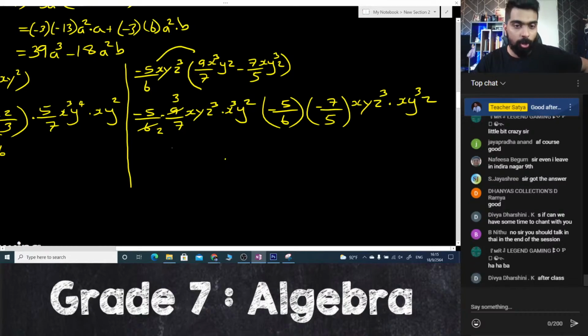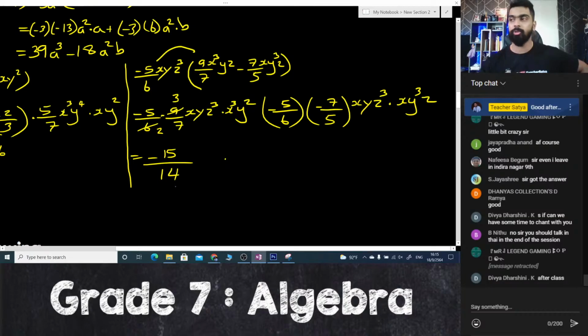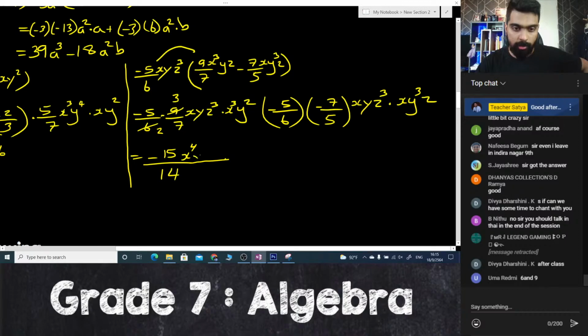All right, so let's multiply this, guys. Minus 5 times 3 will give us negative 15, over 2 times 7, which is 14. Now x times x cube is going to give us x to the power of 4. Y times y squared gives y to the power of 3.